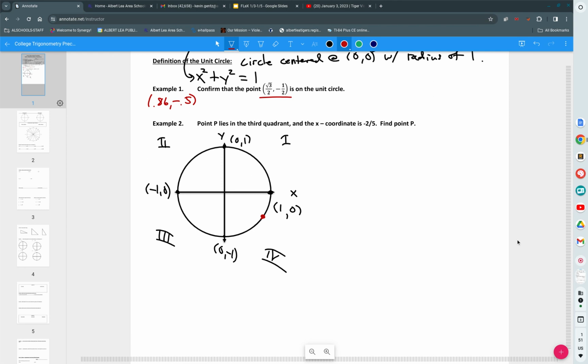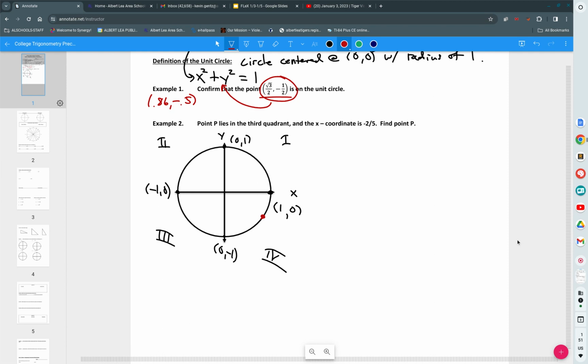So it's in the fourth quadrant. We want to confirm that that's on the unit circle. So we want to show that this thing sits on that circle. So to confirm that, we're just going to plug in the x and the y and see if it satisfies it.